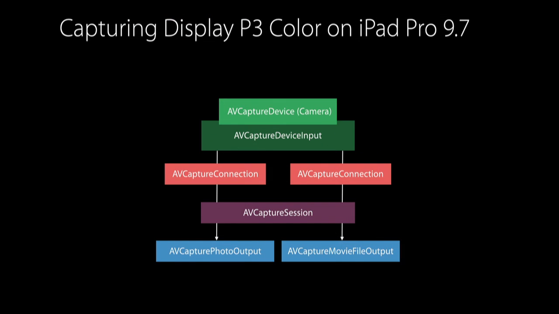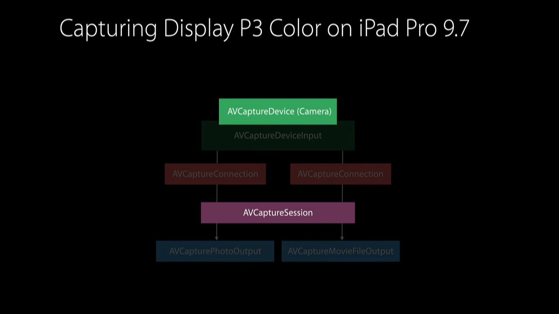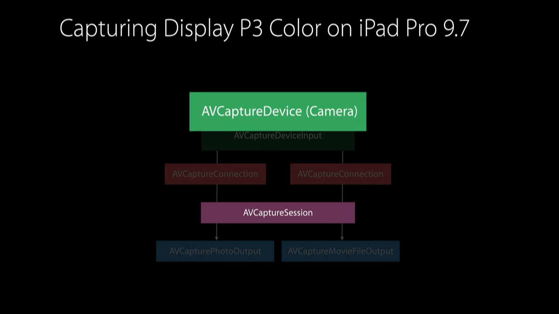So now let's get down to the nuts and bolts of capturing Display P3 content. For highest fidelity, the color space of captured content has to be determined at the source. That's not something that can flow down in sRGB and then be up converted to wide. It has to start wide. So, as you might expect, the color space is fundamentally a property of the AVCaptureDevice, the source.